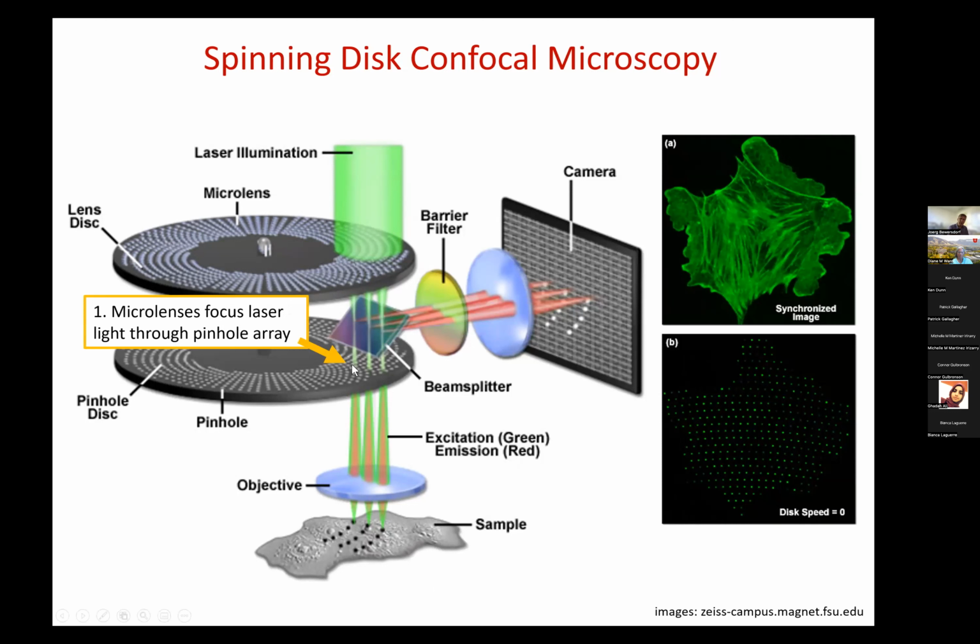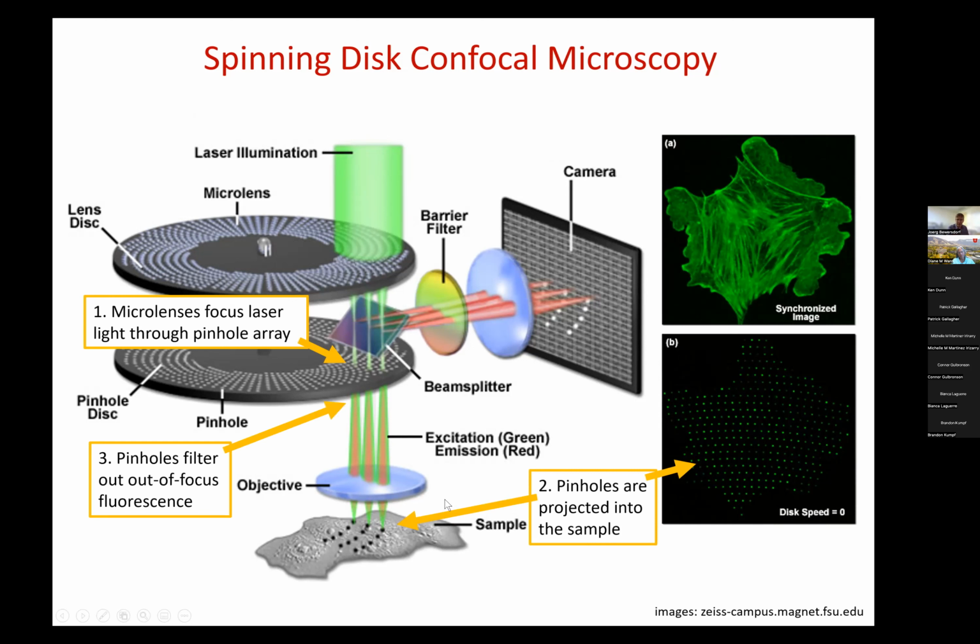Each of these microlenses produces a little focus, which is aligned with the pinhole of that pinhole disk. So the laser light will pass through these pinholes, and now the pinhole pattern is projected into our sample, where it will create excitation of our cellular sample, depending on how many fluorescent molecules are in each focus.